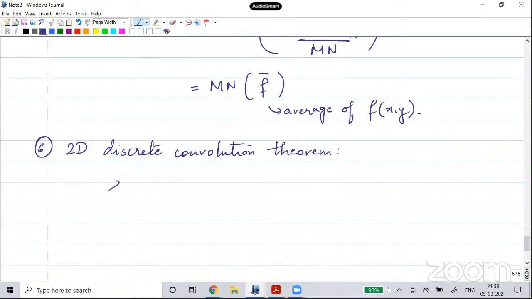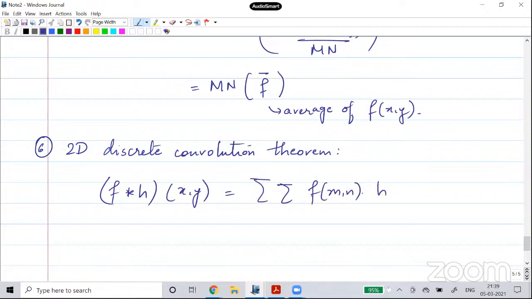Okay, so I'm just going to state this. We have already seen this in the one-dimensional case. So this is F(m,n) h(x minus m, y minus n), going one way. This is the formula for the convolution.